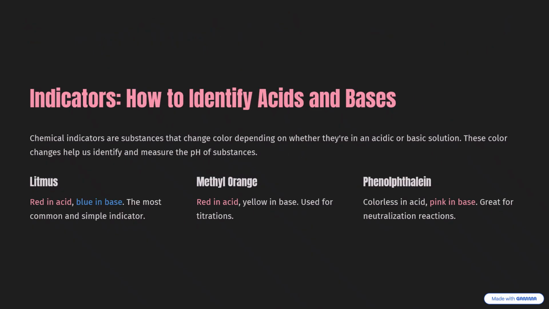So how do we indicate whether it's an acid or base? Chemical indicators are substances that change color depending on whether they are in acidic or basic solution. These color changes help us identify and measure the pH of a substance. Litmus is red in acid, blue in base, the most common and simple indicator.